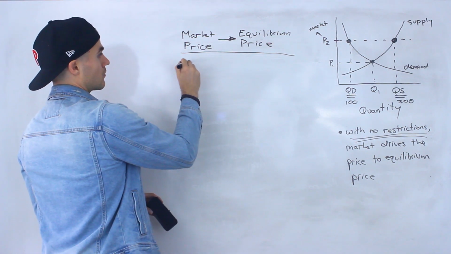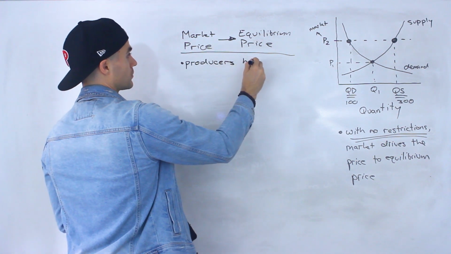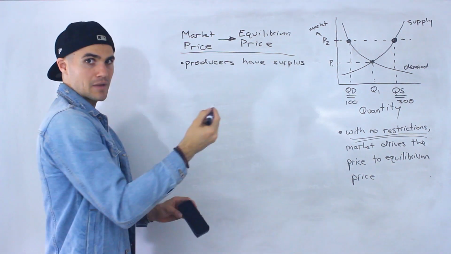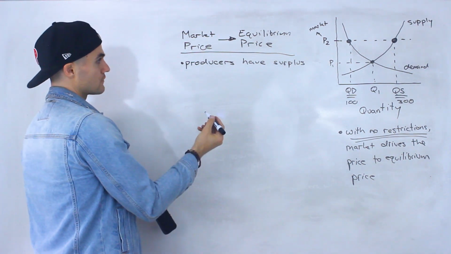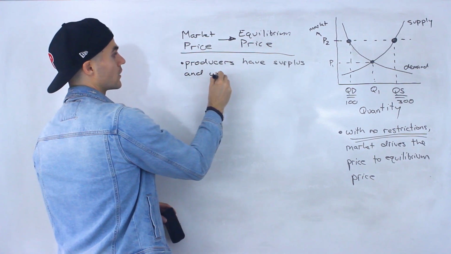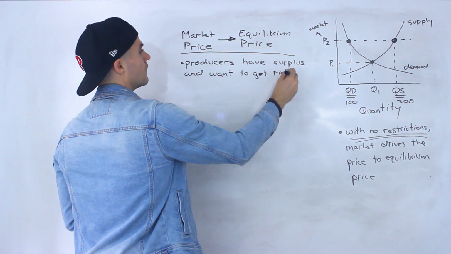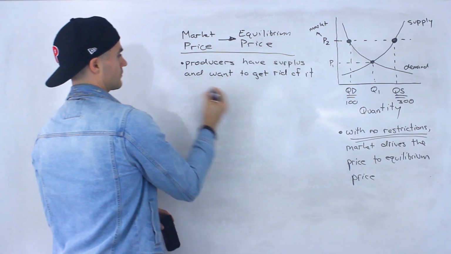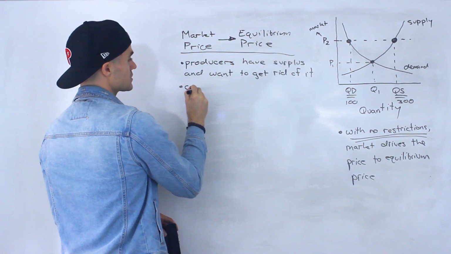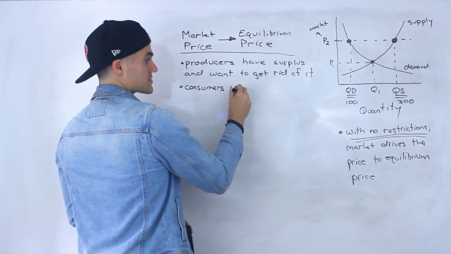So right now, producers have excess inventory or they have surplus. And as I mentioned, they don't want to have surplus. They don't want to have excess inventory. So producers have surplus and want to get rid of it. Okay, but what's happening is at this price, unfortunately, the consumers won't buy the surplus.